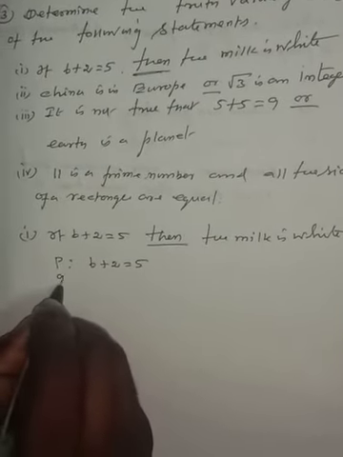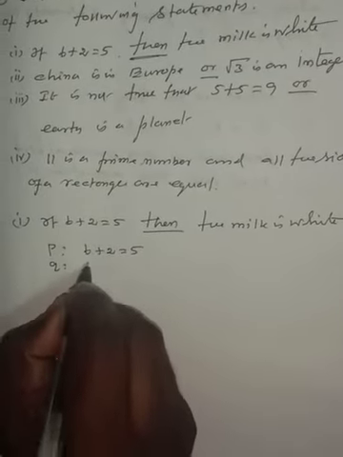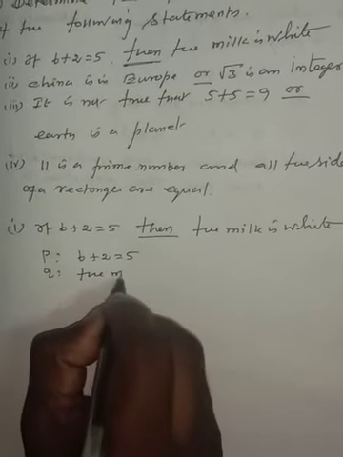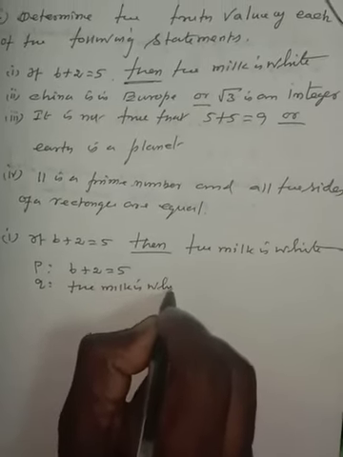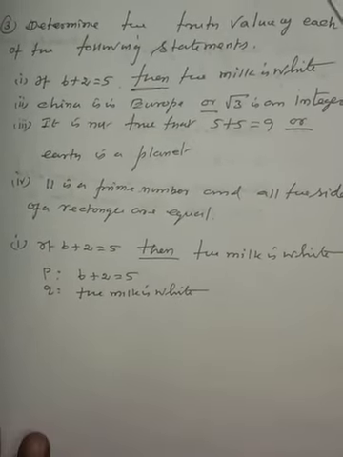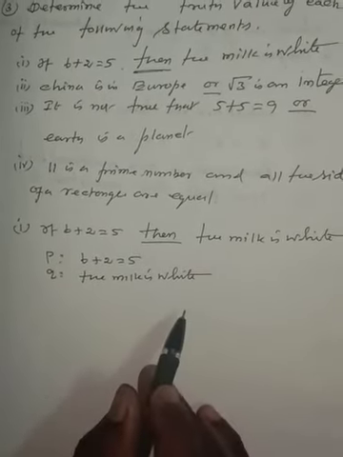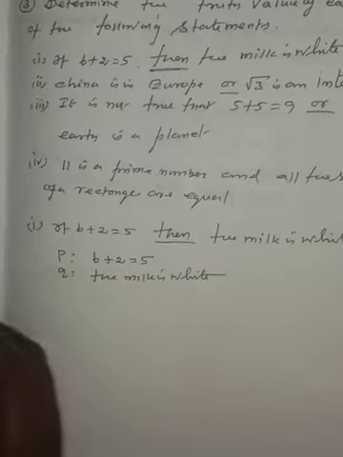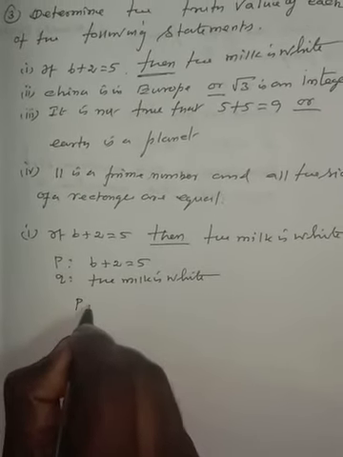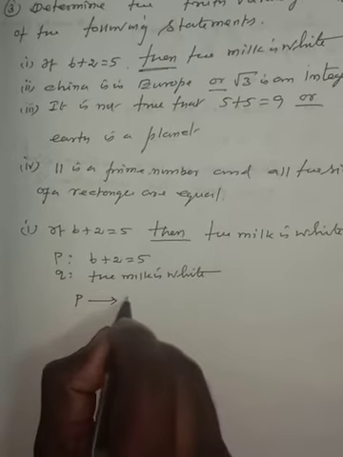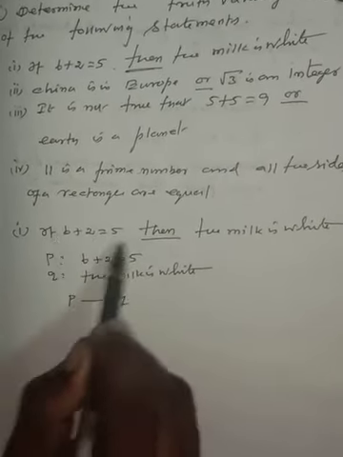Q, the milk is white. Now the simple statement is given. Therefore, P implies Q. This is true or false.